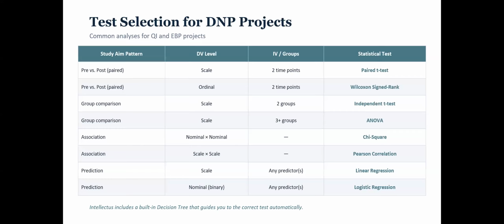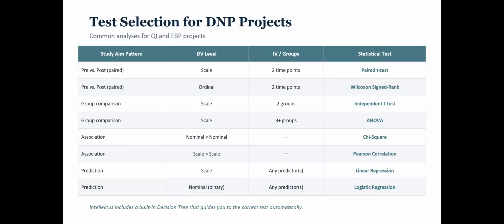Why is that? One, it's simple as heck to do. But secondly, DNPs often have one stats class. It was taken a year ago, and it's not top of mind to be thinking about other types of tests. So if you have a scale outcome variable at 2 time points, you're in paired t-test land.